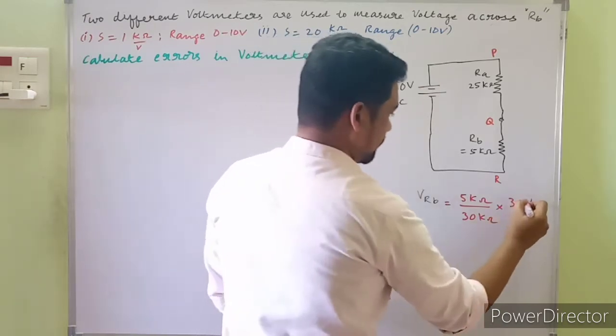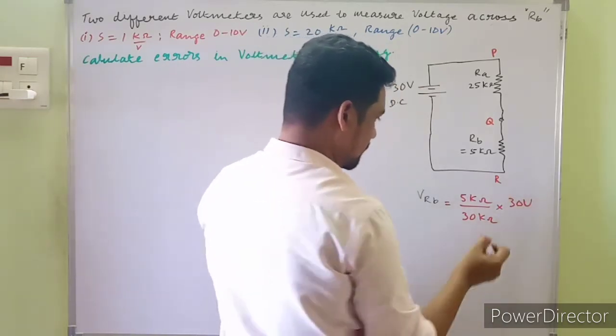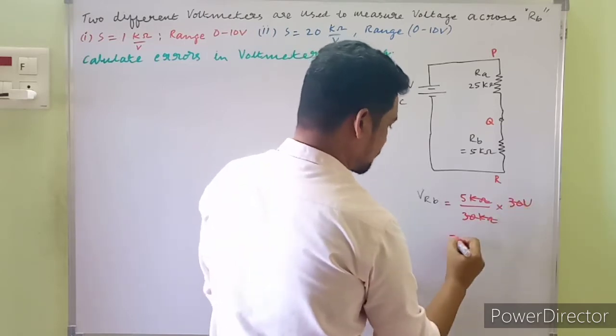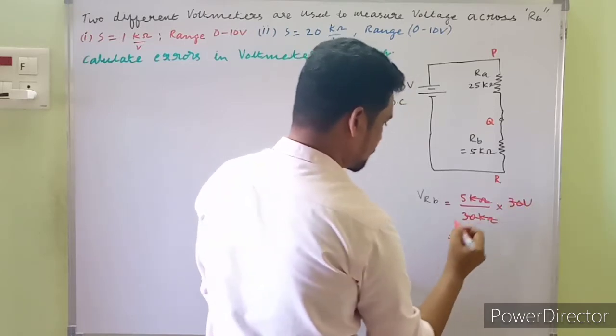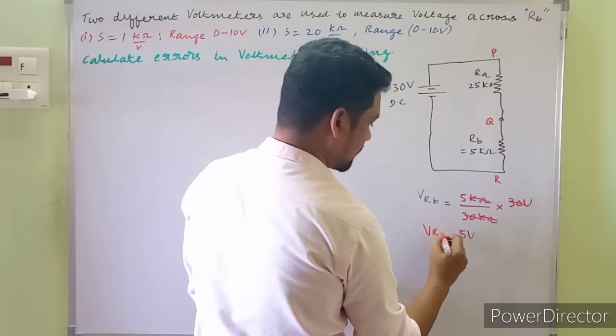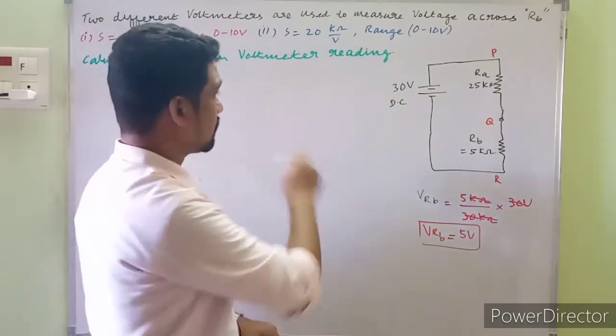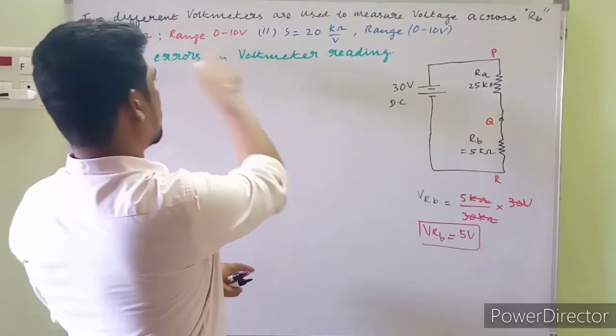Kilo ohm gets cancelled, and 30 also. We are left with 5 volts. The drop across RB will be 5 volts from the potential divider rule in the absence of voltmeter 1 and voltmeter 2.